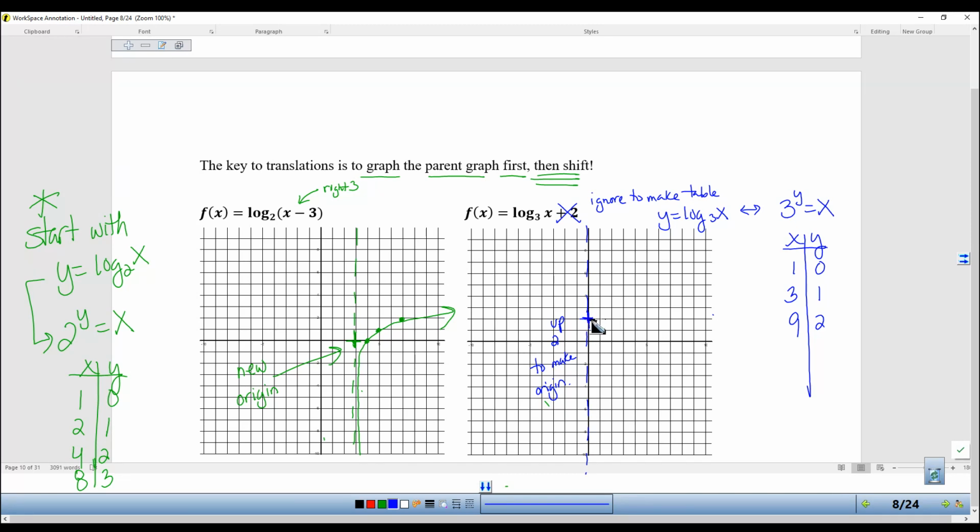And then from there, because this is my origin, I'm expecting to do that point right there. And sure enough, 1, 0 is there, and then also 1, 2, 3, 1, and then also 9, and then 2. And that's how you're going to do that. Or at least that's how I do it, and it works really well for me.